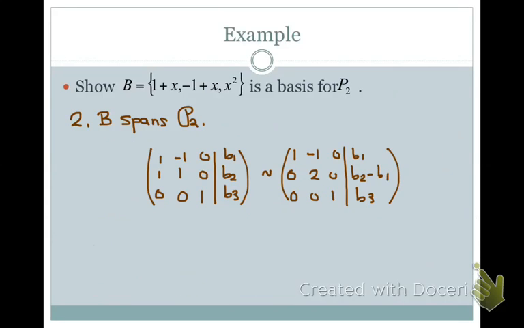Of course, we could have achieved this exact same result if we had recognized that this set of polynomials is isomorphic to vectors in R3, and then we augment that set of vectors with an arbitrary vector in R3, which contains B1, B2.